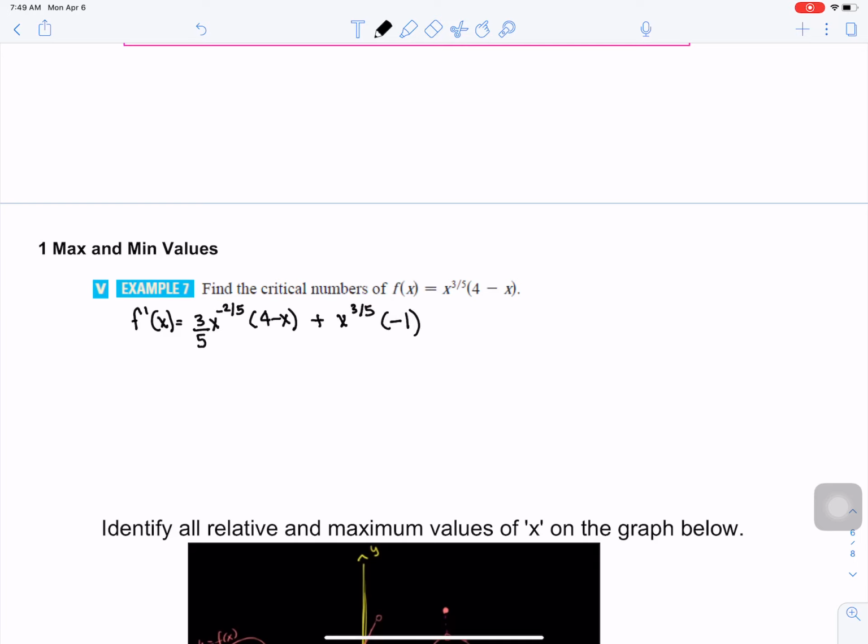Now, a lot of people have been asking, how far do we go to simplify? We need to turn this into a nice function with sort of one term involved instead of two terms. So the common way to do that is to factor out the smaller of the two common terms. So you'll notice that both of them have an x to the -2/5 in it. I factor out the smaller one. What I'm left with is 3/5.